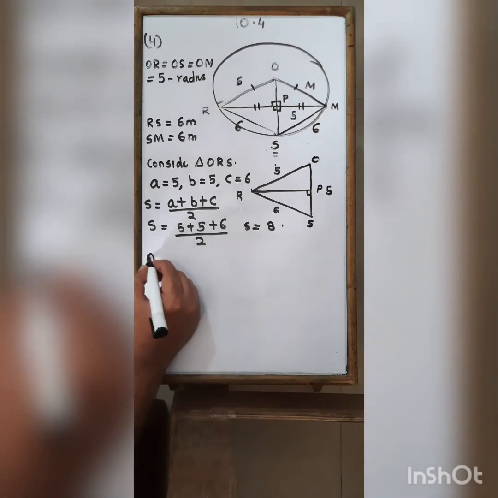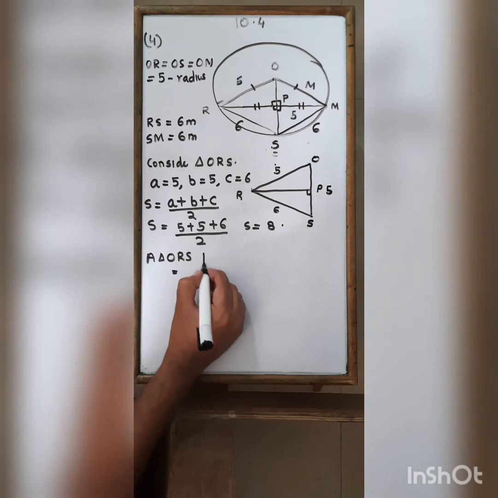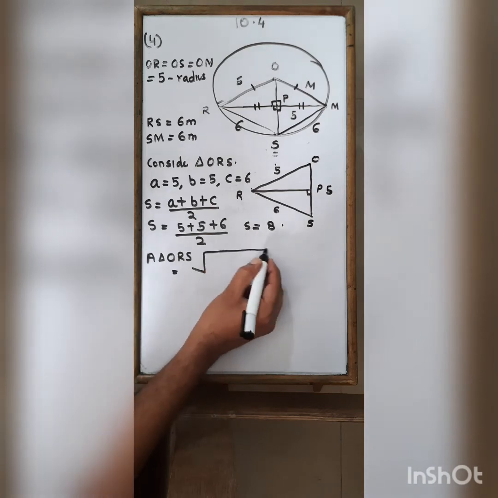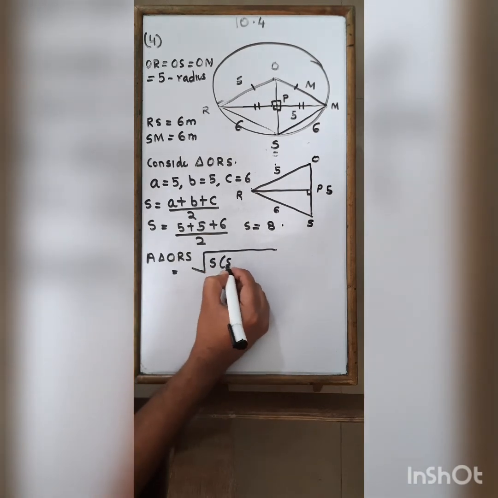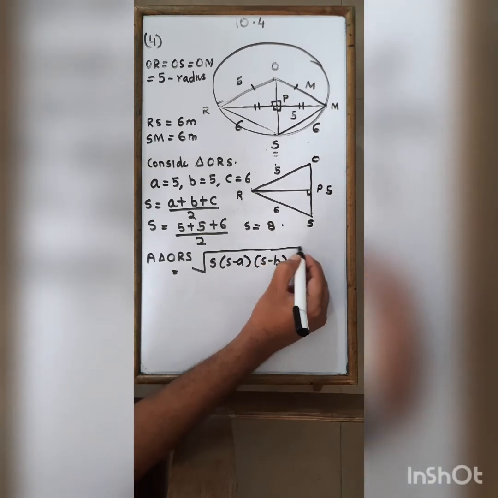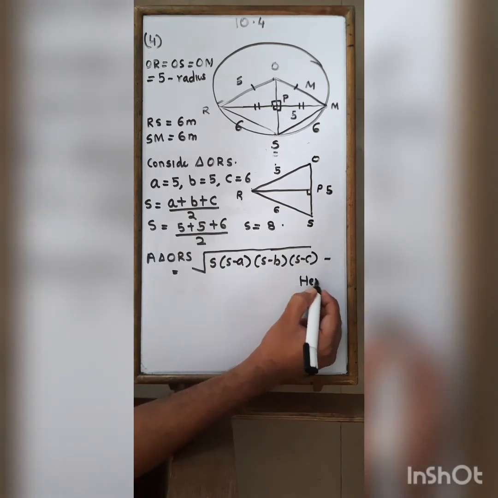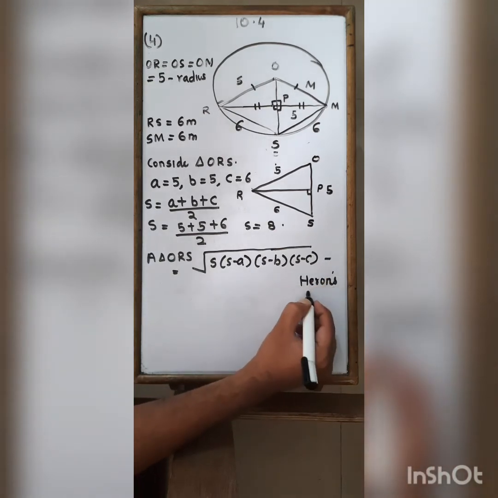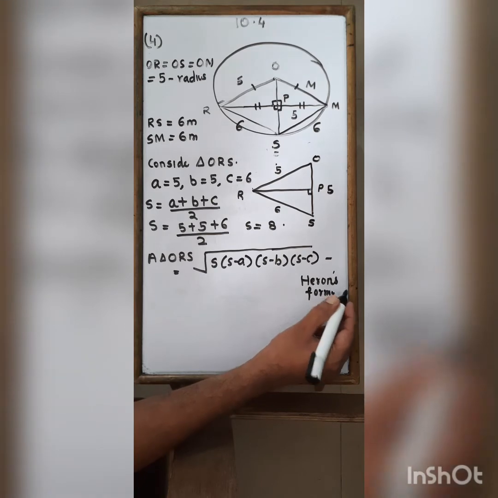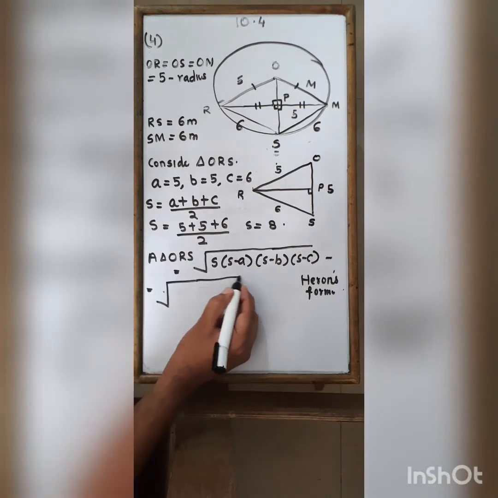So what will be the area of triangle ORS? By Heron's formula, it will be the square root of S into S minus A into S minus B into S minus C.